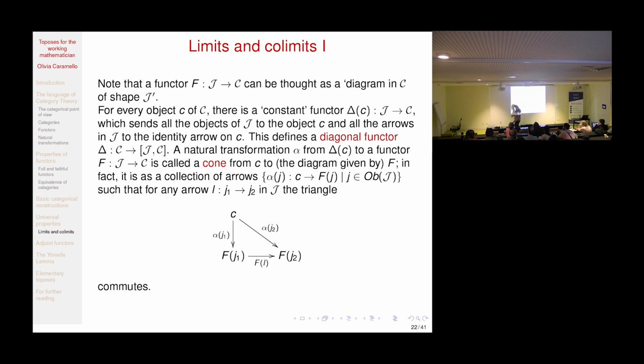Well, the idea is that if we have a category C, a diagram in C will be a collection of objects in C related by arrows. So if you think a moment about this, you realize that this notion of diagram can be formalized in terms of functors taking values in the category. So we can think of a diagram.